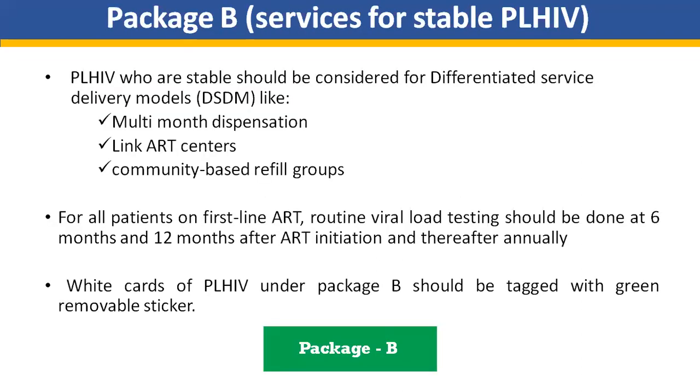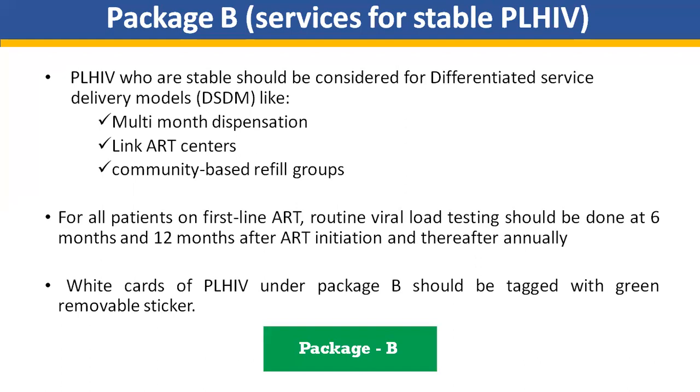Now, package B patients who are stable should be considered for differentiated service delivery, like multi-month dispensation, link ART centers, and community-based refill groups. For all patients on first-line ART, routine blood viral load testing should be done at 6 months and 12 months after ART initiation, and thereafter annually.